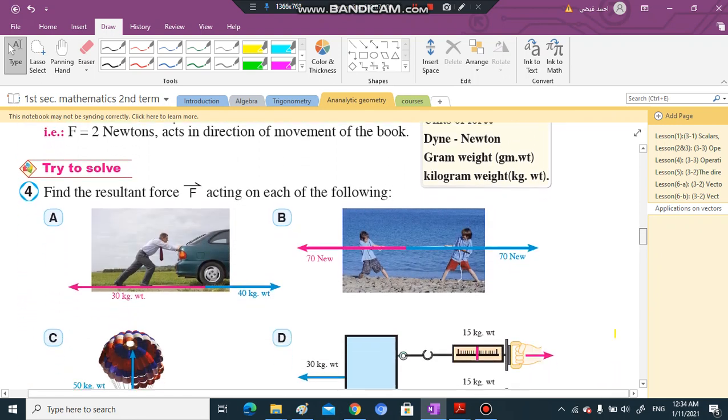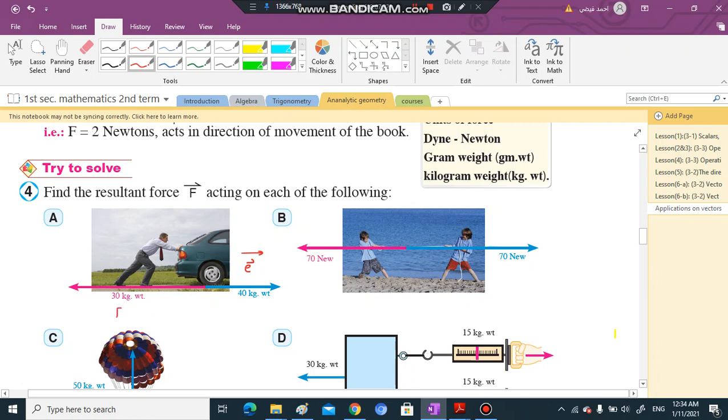We have another example. Find the resultant force F acting on each of the following. In the first one, we can take the unit vector E in the direction of 40 kilogram weight.